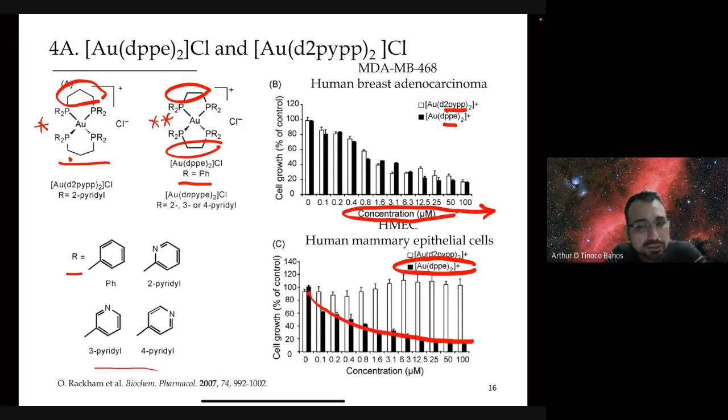That's not necessarily a good thing, right? The other compound does not have that effect. The cell growth is generally unaffected, and maybe at higher concentrations there's a little bit of an increase in the amount of those cells. So for whatever reason, something about the compound with the ligand D2PYPP results in that effect.